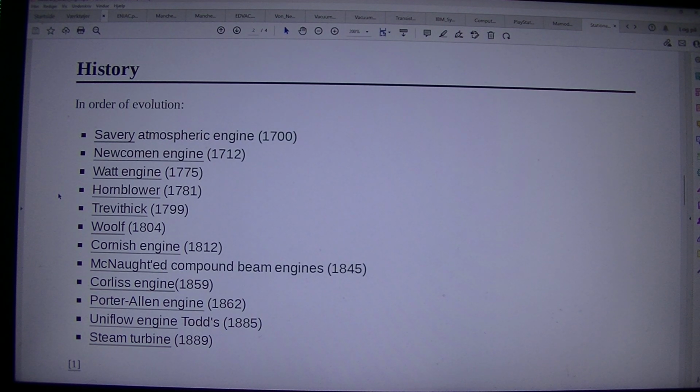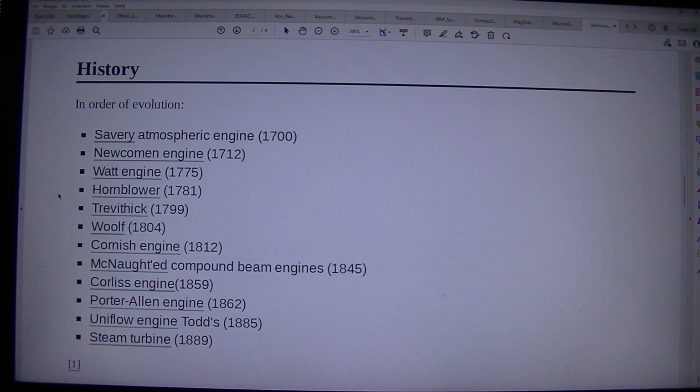Woolf, 1804. Cornish engine, 1812. Compound beam engines, 1845. Corliss engine, 1859. Porter-Allen engine, 1862. Uniflow engine, 1885. Steam turbine, 1889.